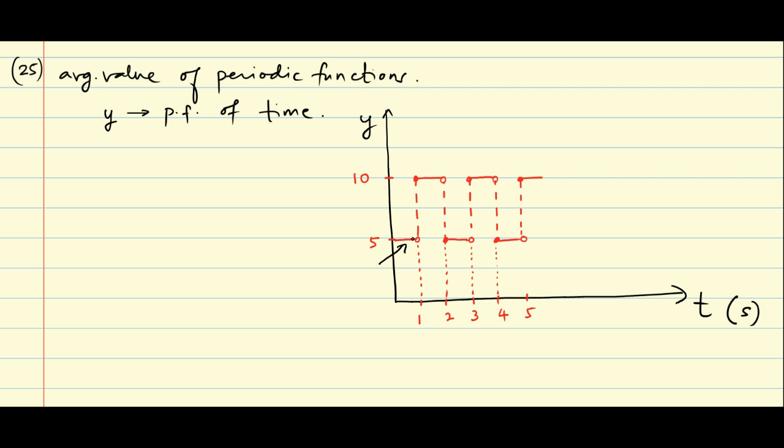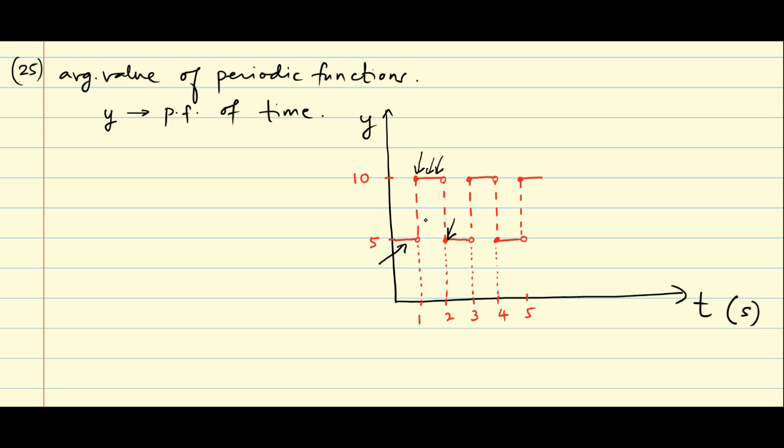So y is equal to 5, and at t equal to 1 second, the value of y suddenly shoots up over here to y equal to 10, and thereafter it is equal to 10 right up to before t equal to 2 seconds, because at t equal to 2 seconds the value suddenly drops to 5 again, and this is one cycle.